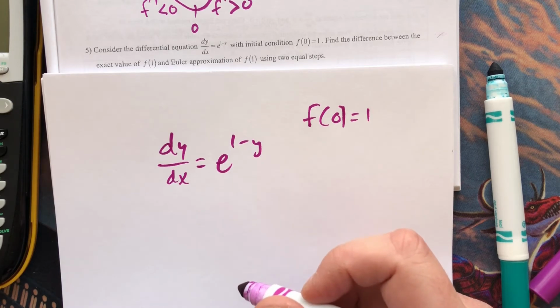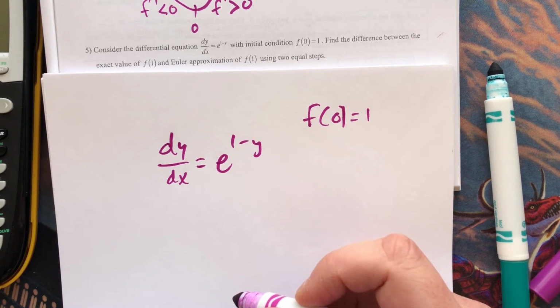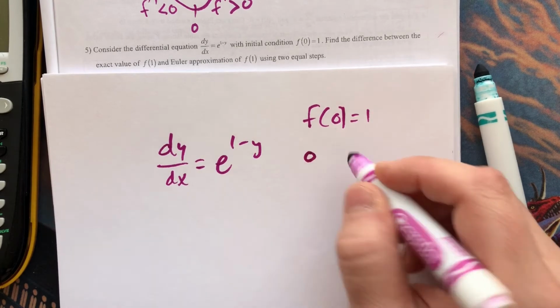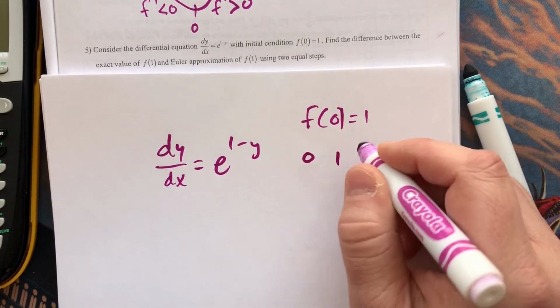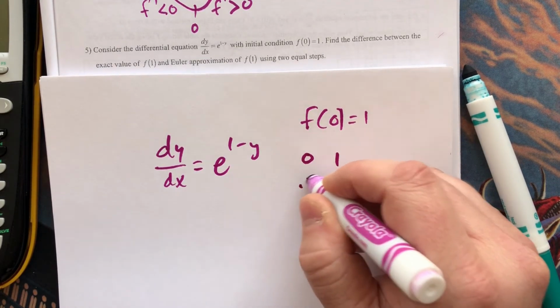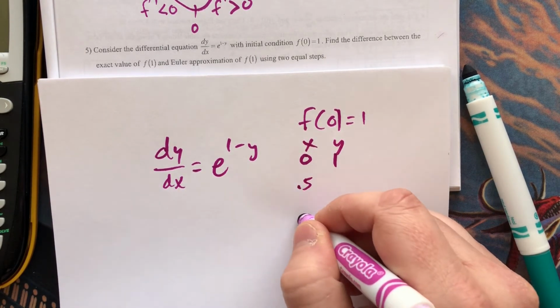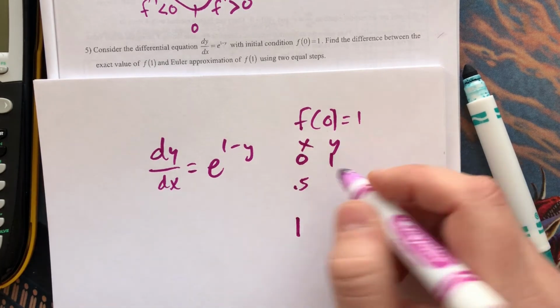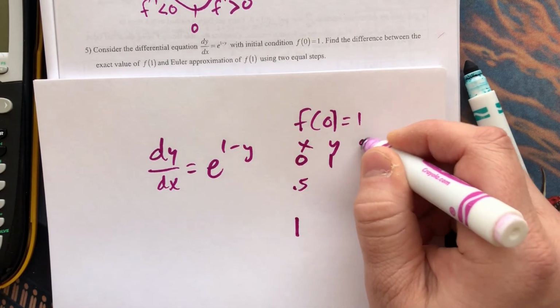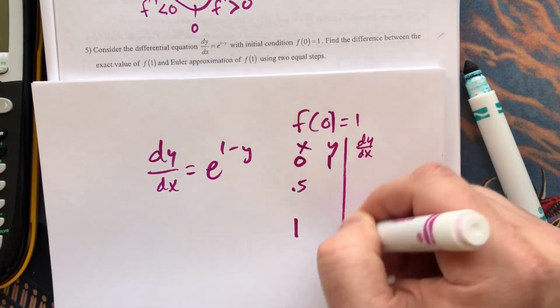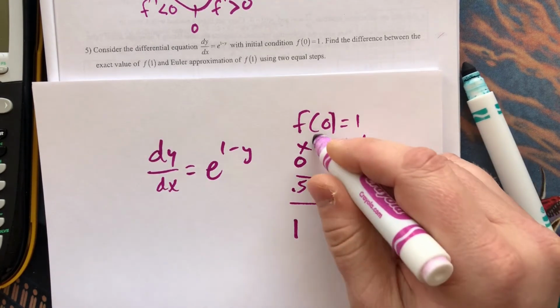So, let's see. f of 1. So we got 0, 1. And so here's x, here's y, right? 0.5, 1. So dy dx.